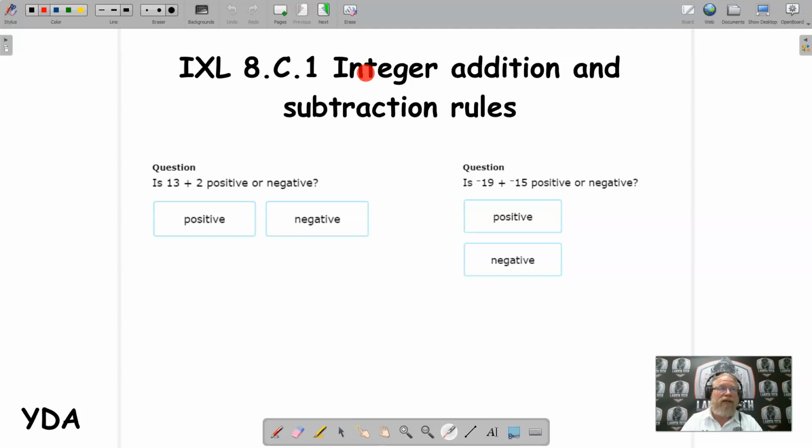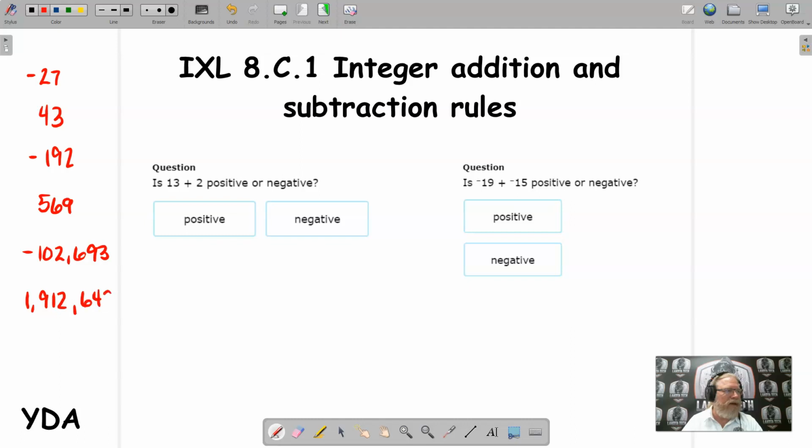So first, integers. Let's talk about that. Integers are non-decimal numbers, and they can be positive or negative. So numbers like negative 27 or positive 43 or negative 192 or positive 569 or negative 102,693 and also a positive 1,912,649.